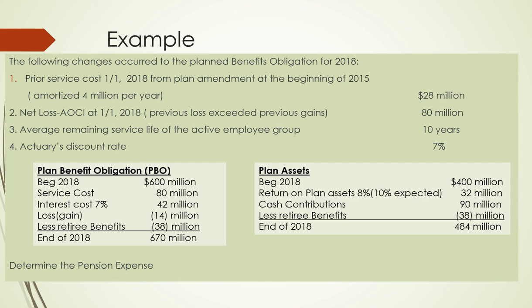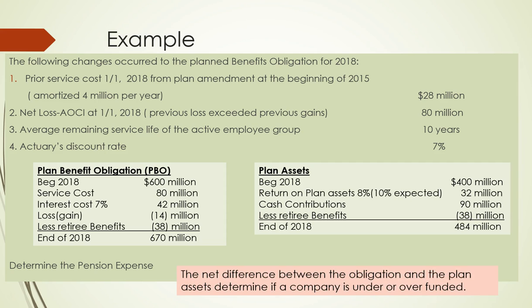Then we show our plan benefit obligation at the end of the year, also referred to as the PBO, and we have the plan assets, our beginning balance, and then the ending balance at the end of the year. And so the first thing we're going to do is determine the pension expense.